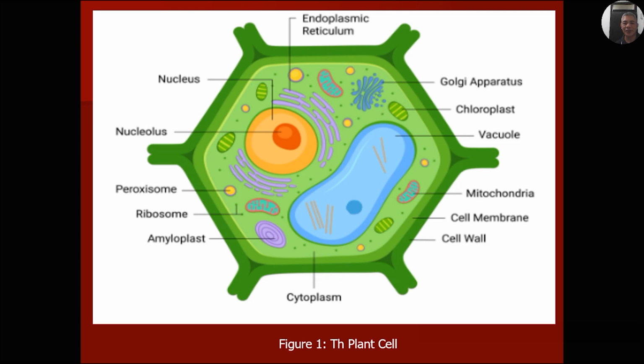In other words, plants are composed of several millions of cells. Alright, let us talk first about the different parts of a typical plant cell.